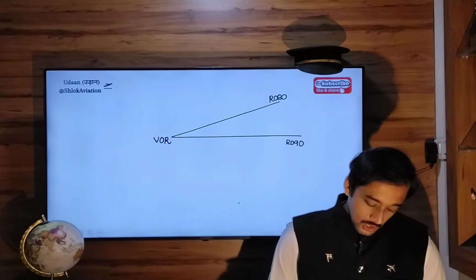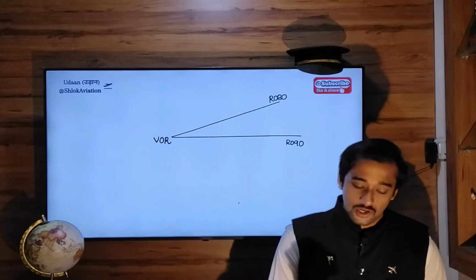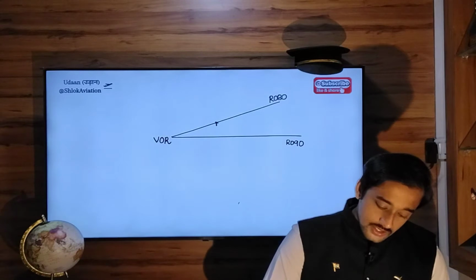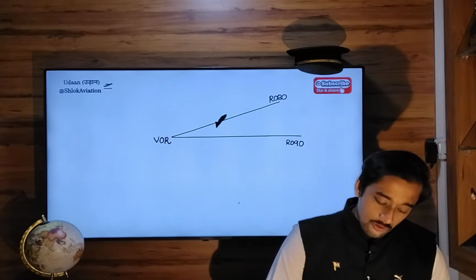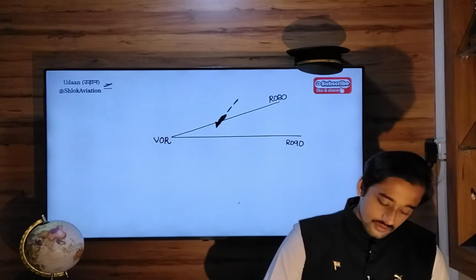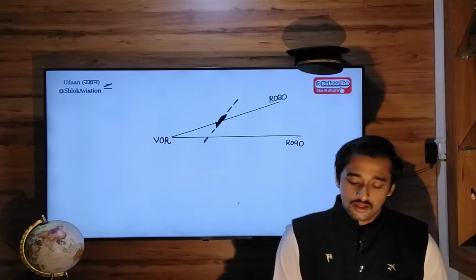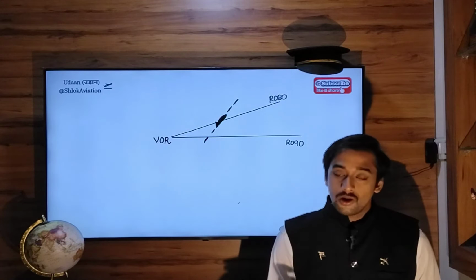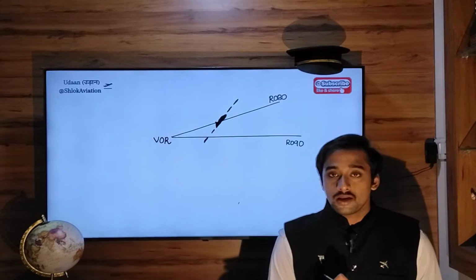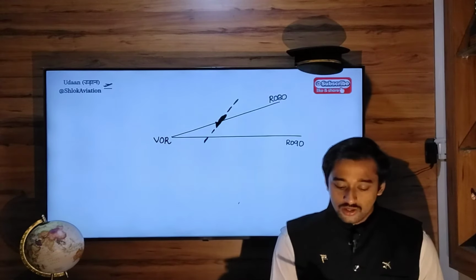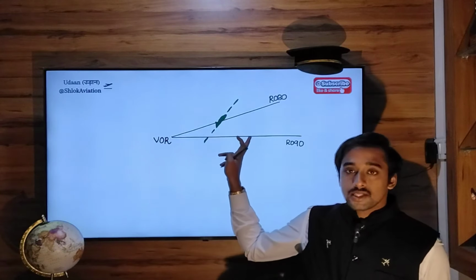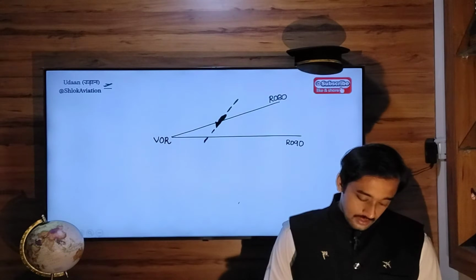Now in this case, you are on radial 080 and your heading is 045. Fine. So this is the case. Now you have selected a course of 090. So that means this is the course.